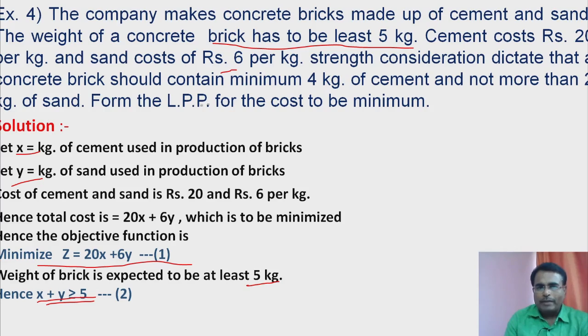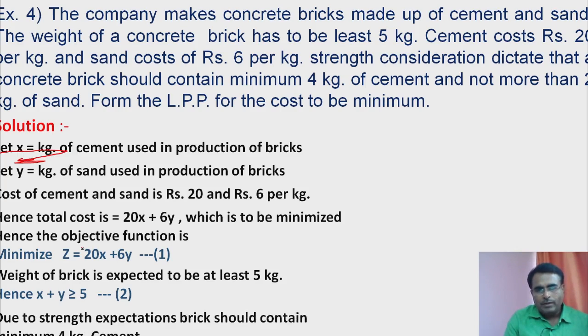It is also given that according to the strength consideration, the concrete brick must contain minimum 4 kilograms of cement. So, we are going to use x kilograms of cement, and that is why this x must be minimum 4. That is, your next constraint is: due to the strength expectations, the brick should contain minimum 4 kg cement, and that is why x is expected to be greater than or equal to 4.